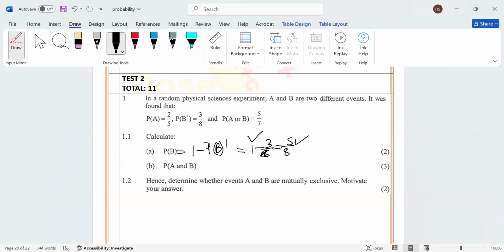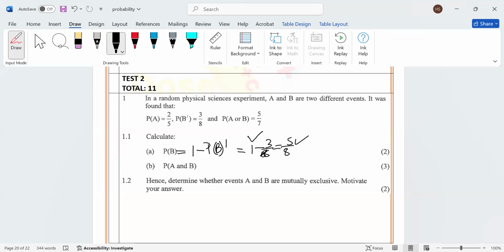On the next one, they say we should calculate the probability of A and B. How would you get the probability of A and B? Who knows?